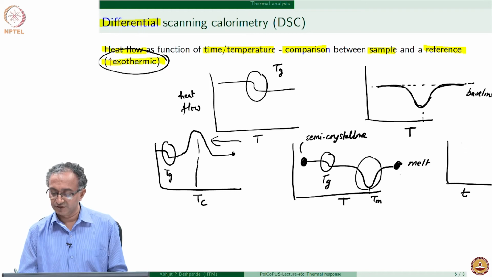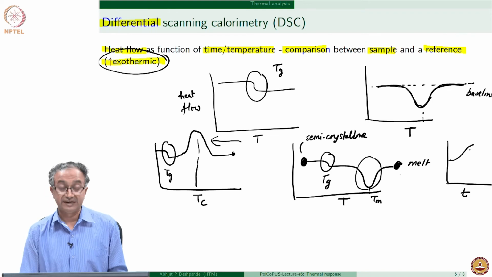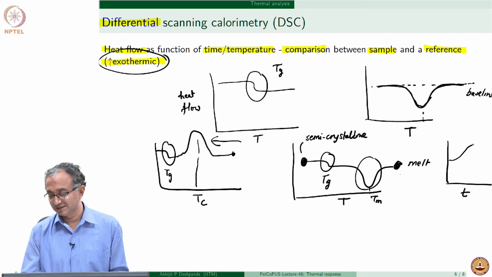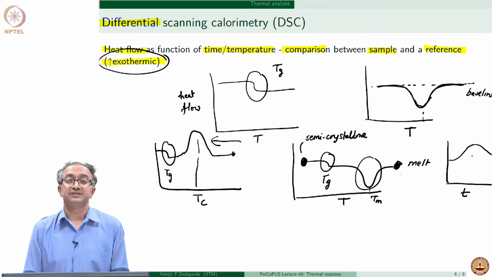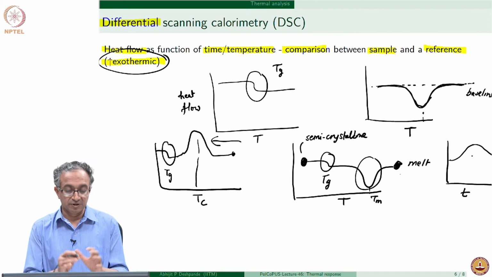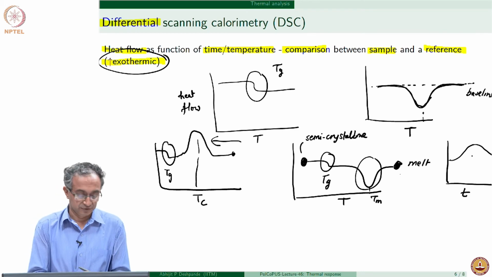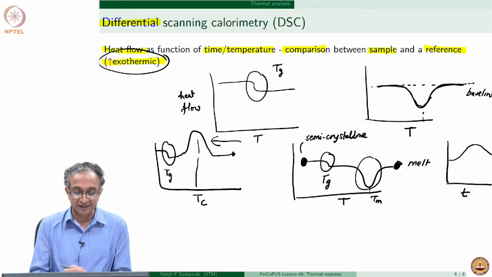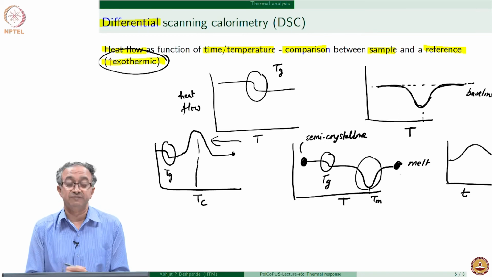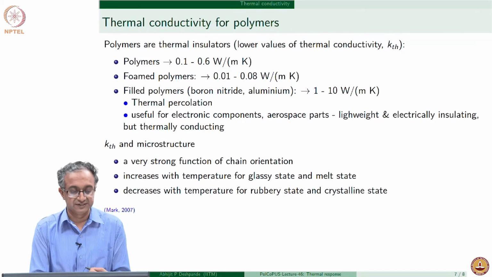So, temperature is constant and therefore, heat flow may show some trend like this, and this implies that there is crystallization taking place in the material, and this is the isothermal crystallization that we discussed earlier. So, all these phenomena can be studied using DSC, and looking at these DSC curves and these transitions, we can make out what the material is like.